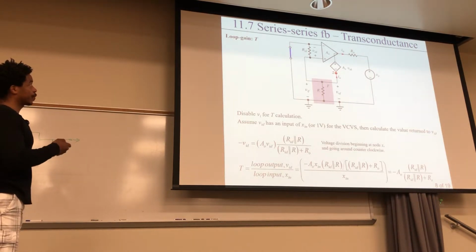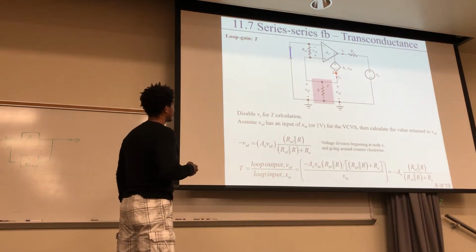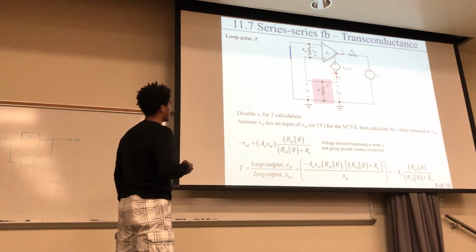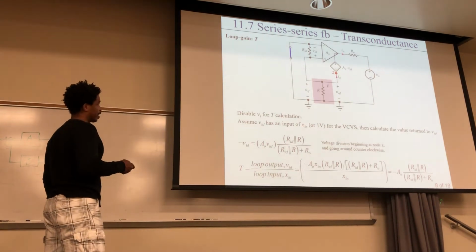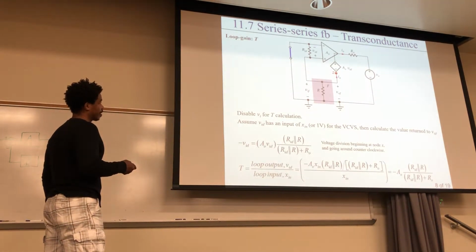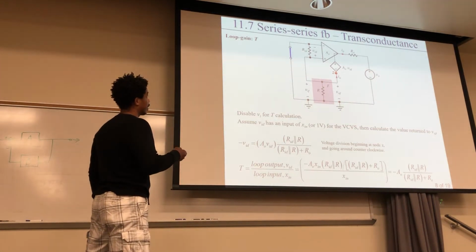If this was a current source, it would just be open to turn that off. Okay, so for this loop coming back, you want to assume that this VID has some kind of input of Xn, or you can choose 1 volt for the voltage controlled voltage source right here.